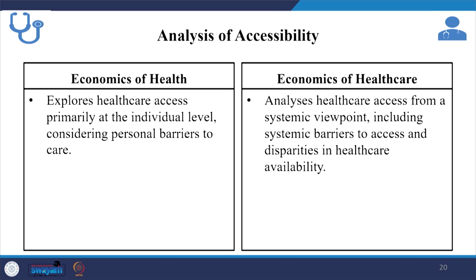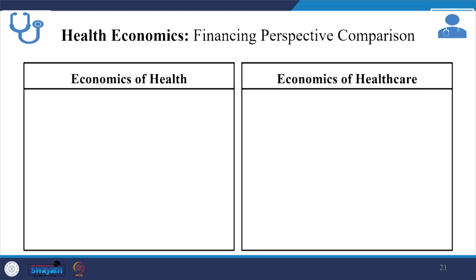Understanding accessibility, economics of health explores healthcare access primarily at the individual level, which you have already said, considering personal barriers to care. Whereas in case of accessibility for economics of healthcare, it analyzes healthcare access from the perspective of systemic barriers to access and disparities in healthcare availability. Another distinction is through financing aspects.